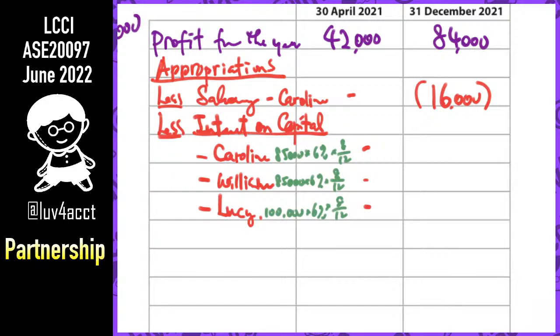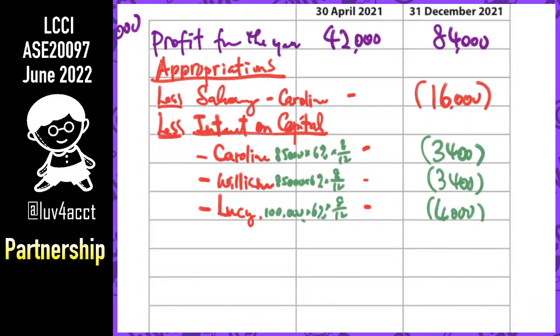Let me check on one point first. Okay, so let's continue. 85,000, 6% for 8 months, 34,000, 34,000, and then 4,000.